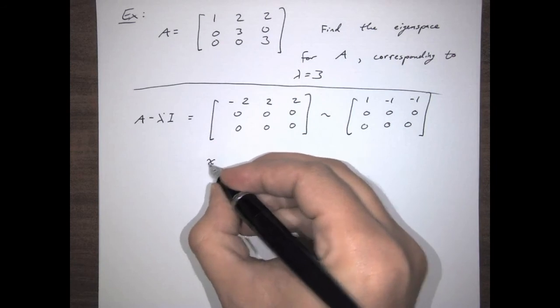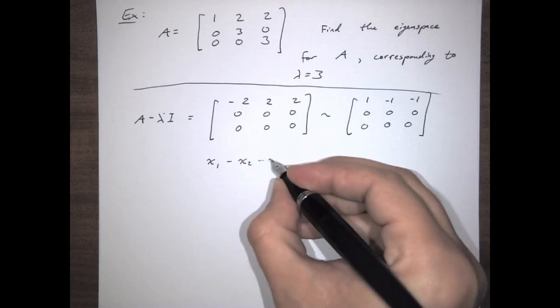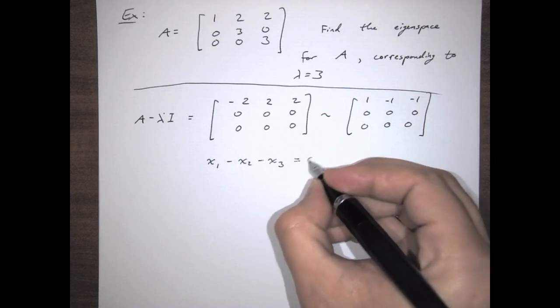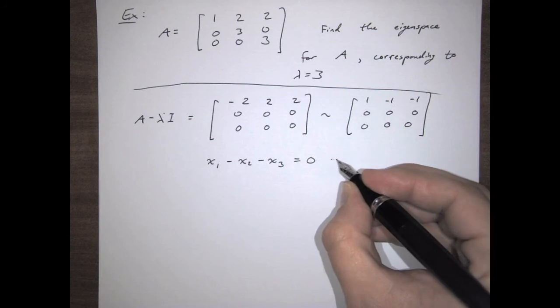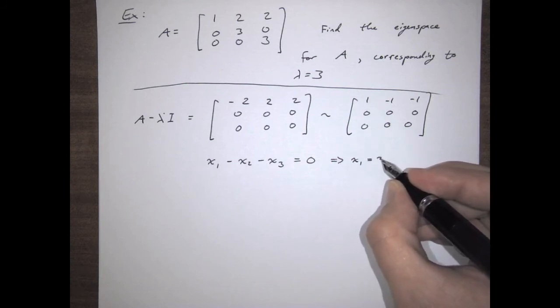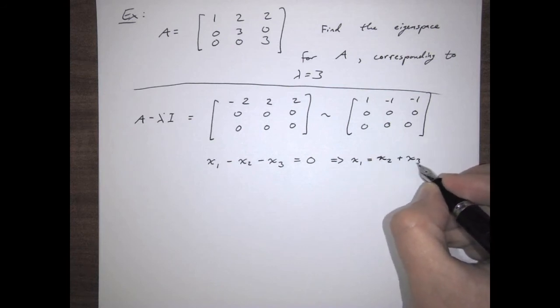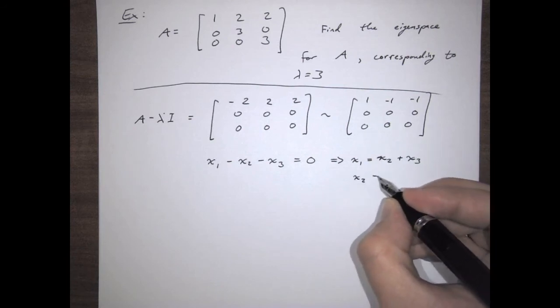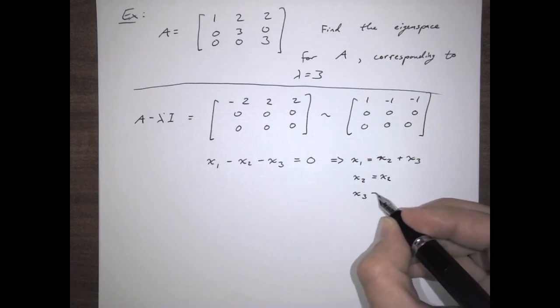So thinking about this, x1 minus x2 minus x3 equals 0, which means that x1 equals x2 plus x3. x2 obviously just equals x2, it's free. x3 just equals x3, it's free.